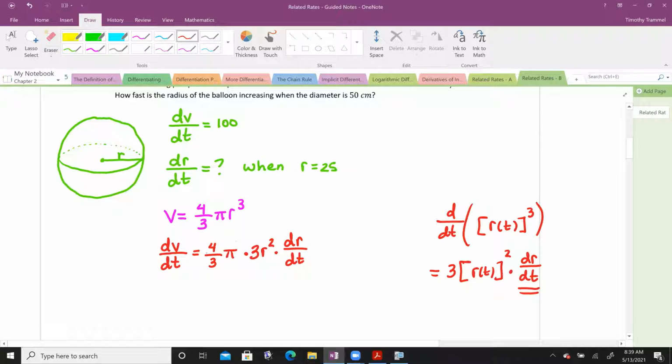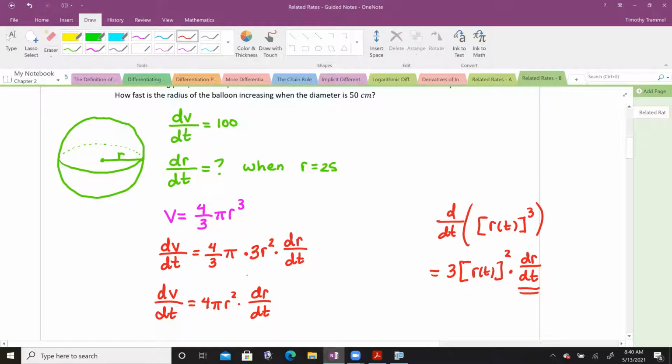And I suppose if we wanted to, we could do a step of simplification before we start substituting stuff in. We could plug in our knowns and solve for our unknown right now, but I see a 3 and a 3 canceling. So this becomes 4 pi r squared times dr/dt.